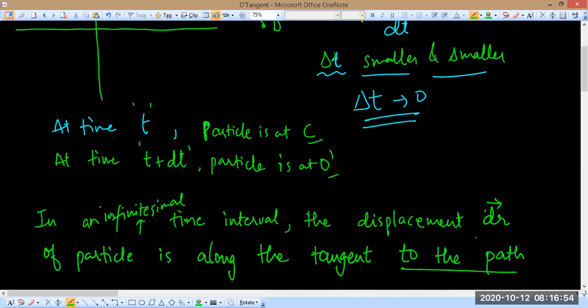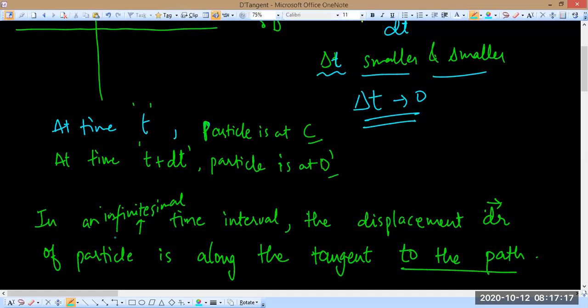Again, this is not a graph, this is a path. Make sure you read this sentence and you understand what this means.